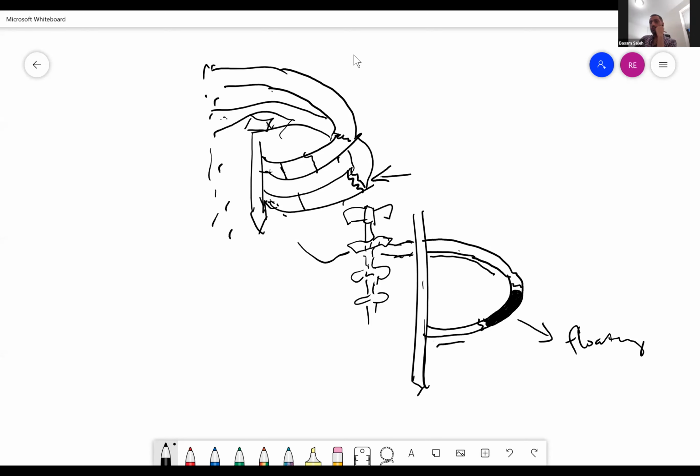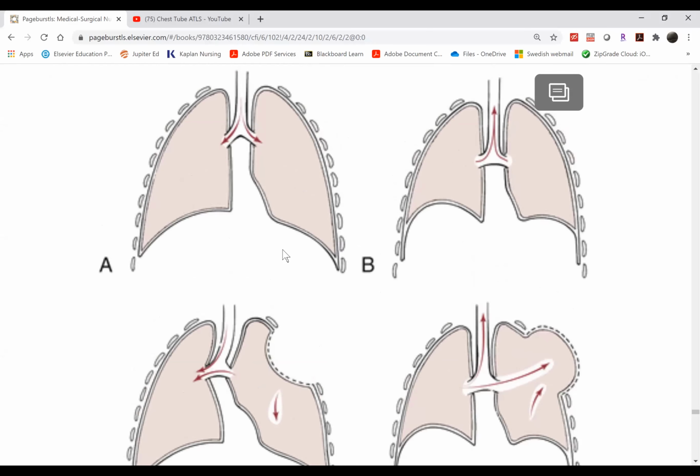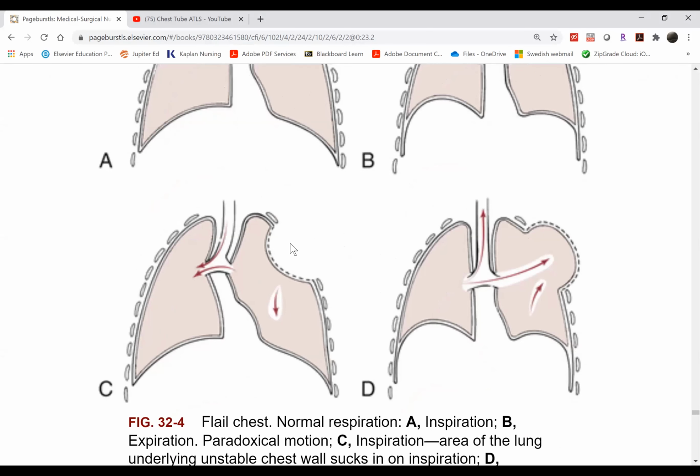So as shown in your textbook, look at this now. Since that segment is independent, meaning nothing is holding it, it will cause the chest wall to cave in during inhalation. So as the lung expands, because there's nothing to hold it, you have a floating segment there, it will cause the chest to cave in during inhalation and then puff out during exhalation.